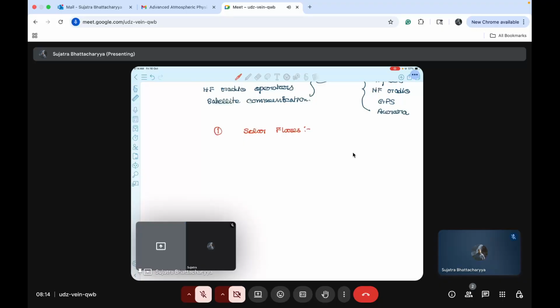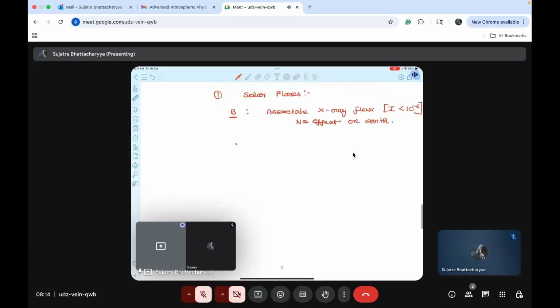B type is associated with X-ray flux with intensity less than 10 to the power minus 6. It has no effect on Earth.